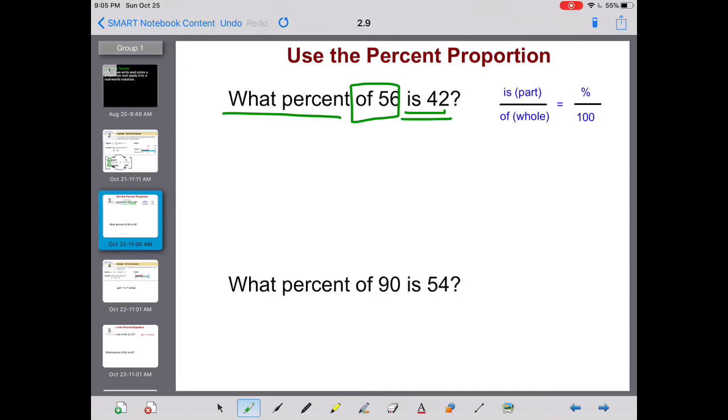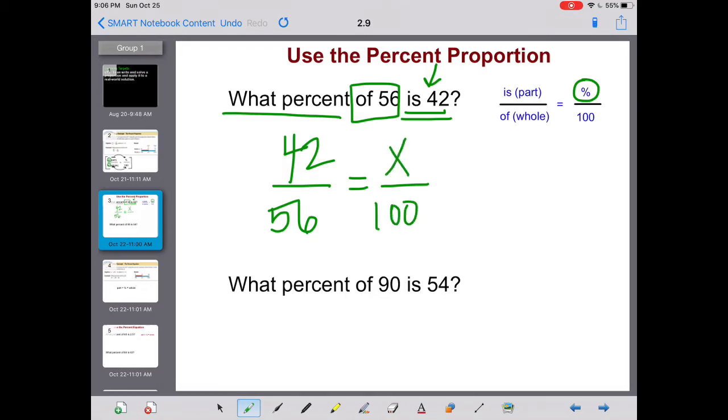We're wondering what percent of 56 is 42. Okay, so percent is what I don't know. So here's where I'm going to put my variable. 42 is my part, because we know that in this case 56 is our whole. So we're going to put 42 on top, 56 on the bottom, and that's going to equal x out of 100.